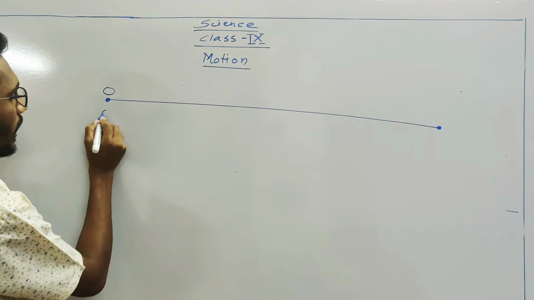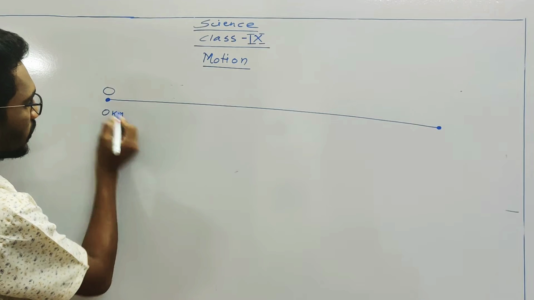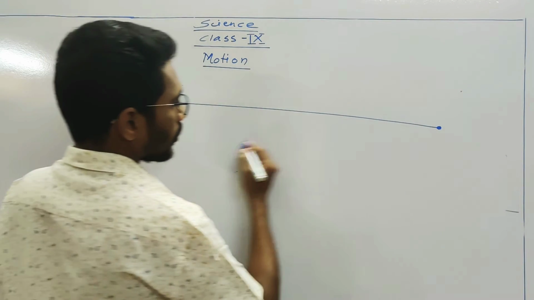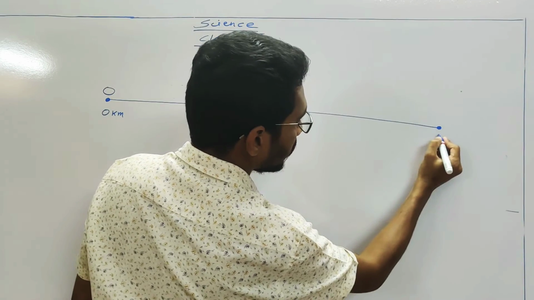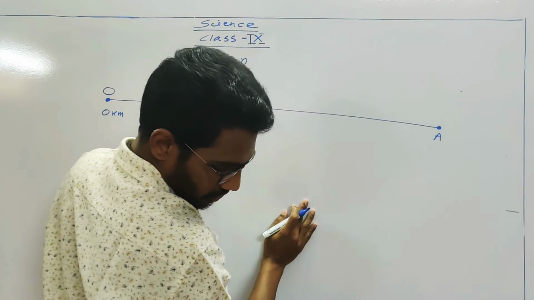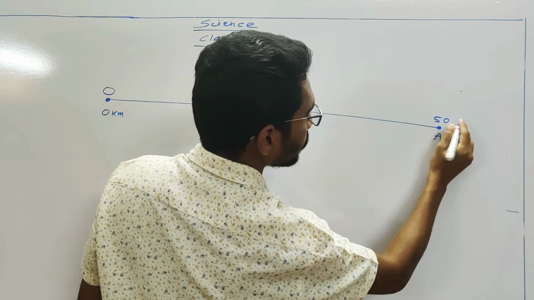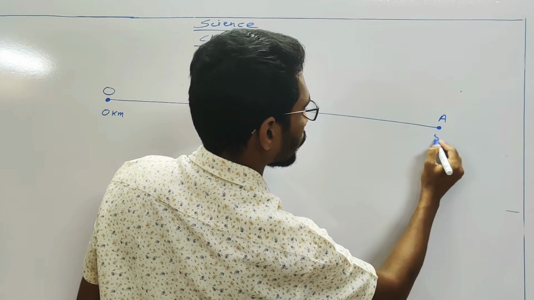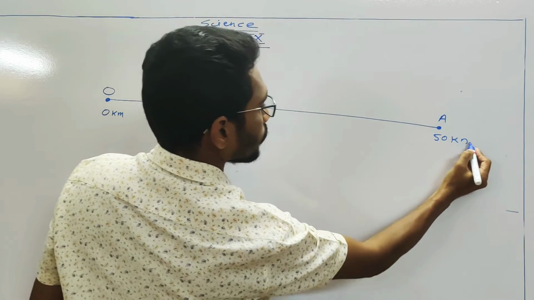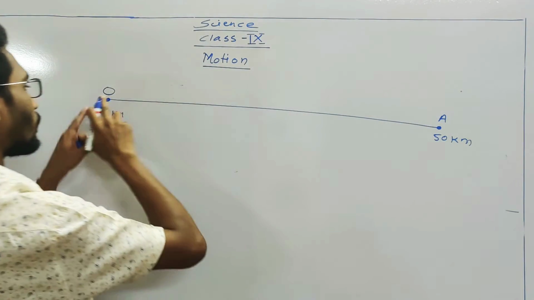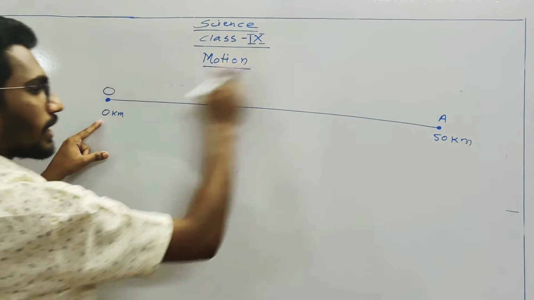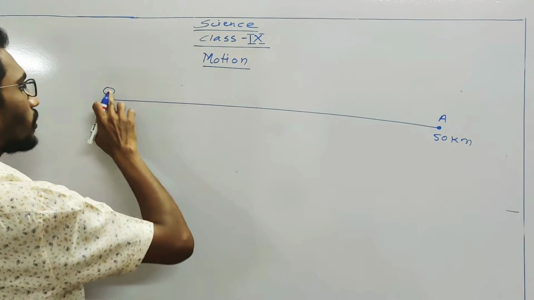This is point O at 0 kilometer. For example, this is the distance. Here we have a point A at 50 kilometer. Means from O to A, O at 0, A at 50. What is the distance between O and A?